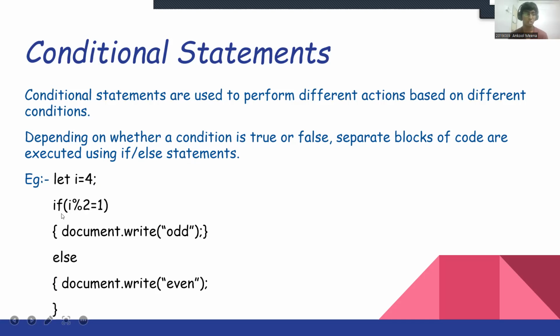We give a condition inside an if block, if i % 2 equals 1, which specifies that if it's odd, then this will run and print odd. Else, if this condition is false, it will print even. So in this case, it will print even as this is even and the if block will not run.